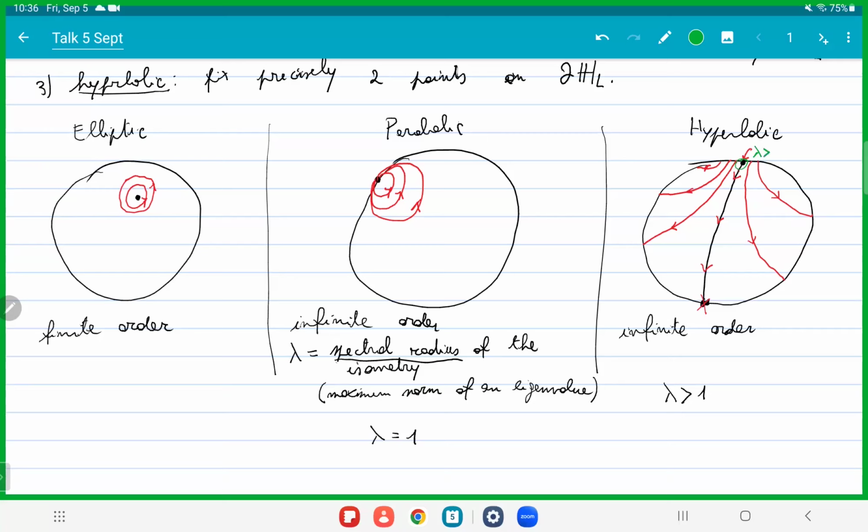So here the eigenvalue at this point, that is a fixed point, is going to be bigger than 1, while this over here is an attractor. So the eigenvalue corresponding to this fixed point is going to be less than 1. Okay, but again, we're taking the maximum norm, so this one is going to count, the one that is bigger than 1. Okay, so this is hyperbolic geometry.